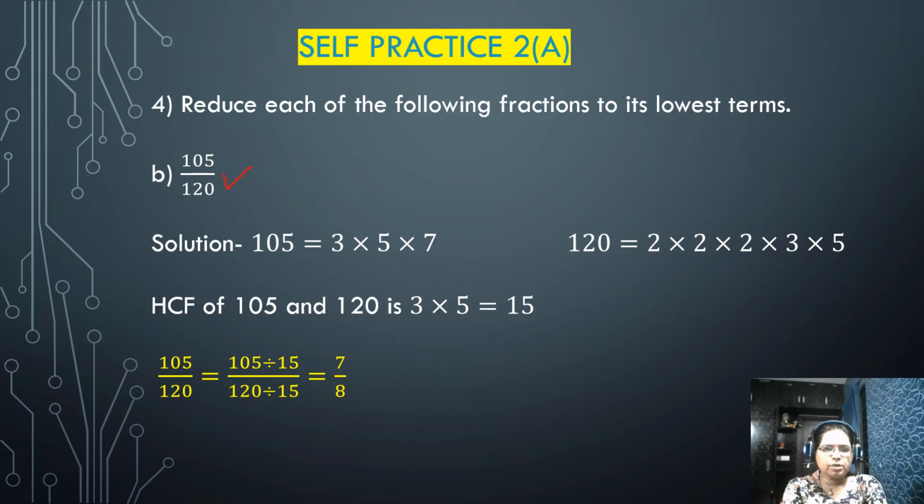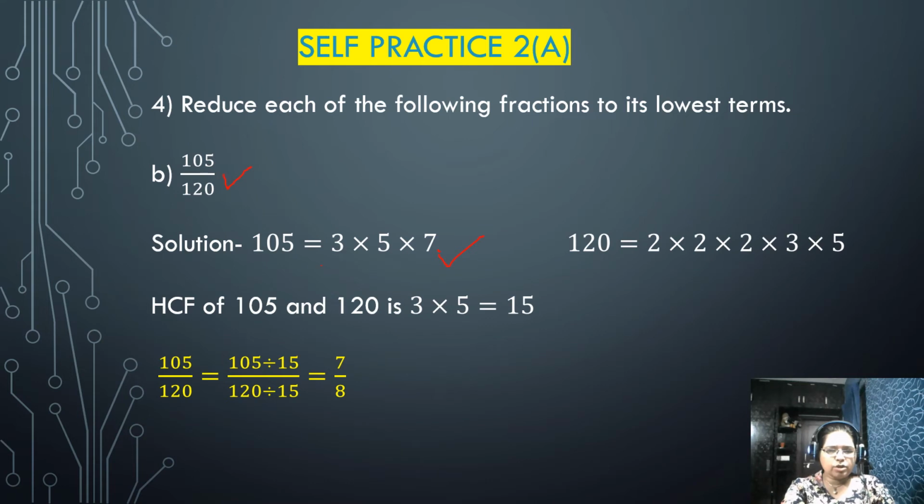We can write 15 as 3 multiplied by 5. So 105 equals 3 multiplied by 5 multiplied by 7, which is the prime factorization of 105.